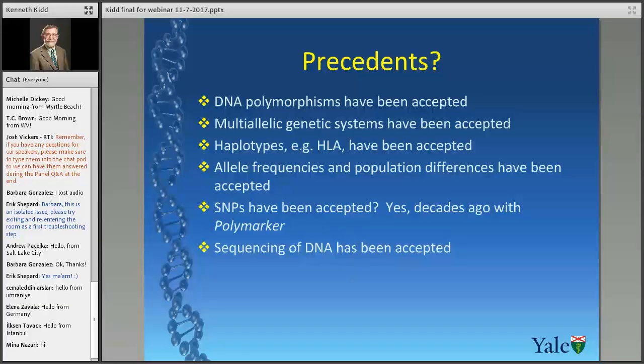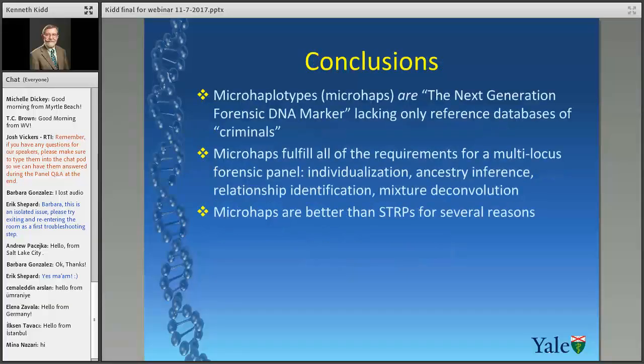There are precedents for all of these aspects that have been accepted, and even SNPs were accepted decades ago, something most of you will not remember, called polymarker. And clearly, sequencing of DNA has been accepted by the courts. So I think it will be easy.